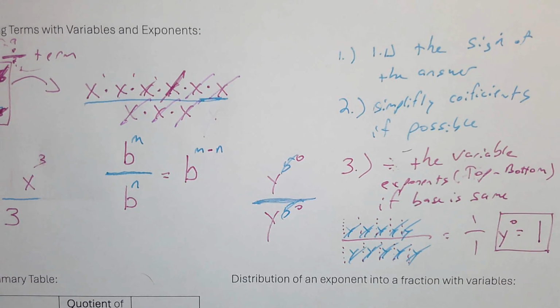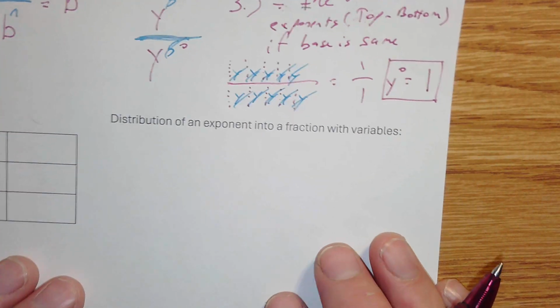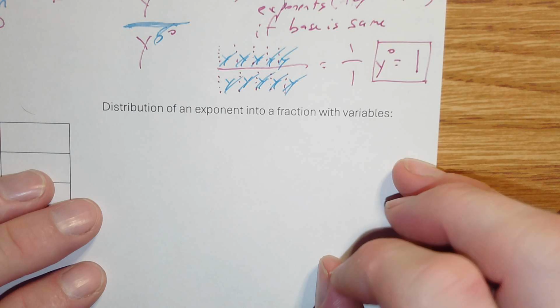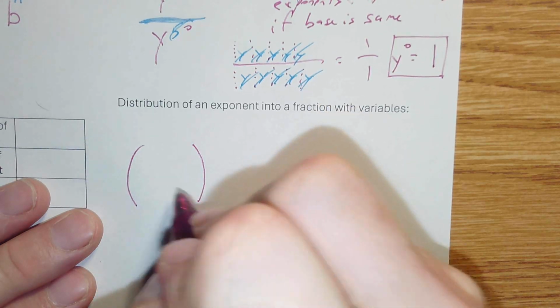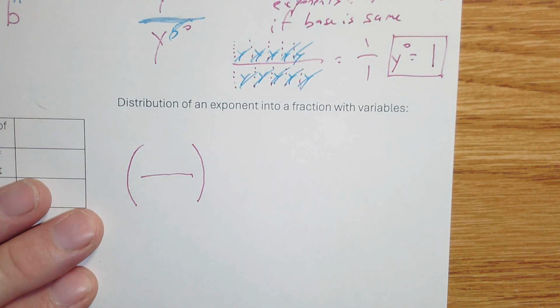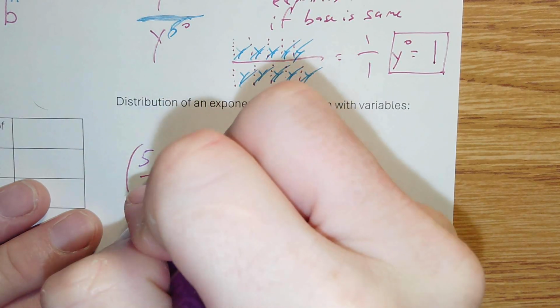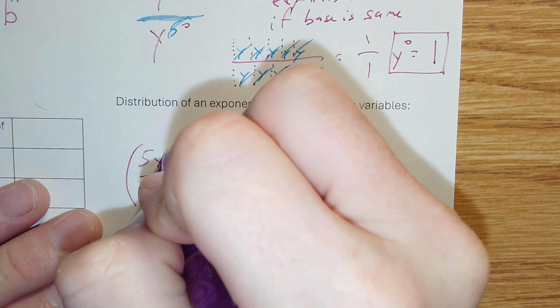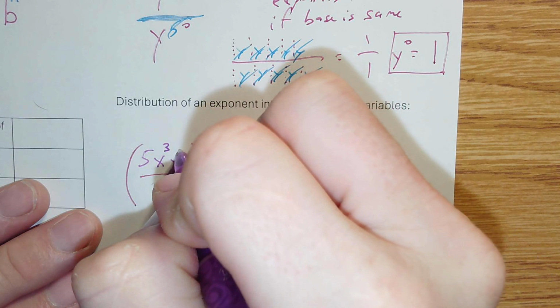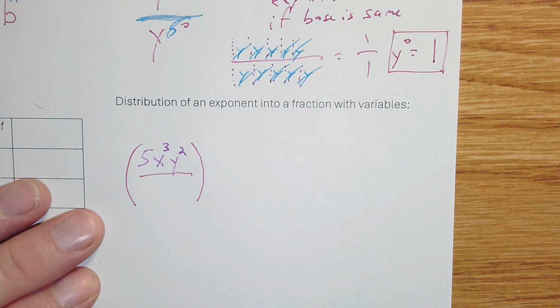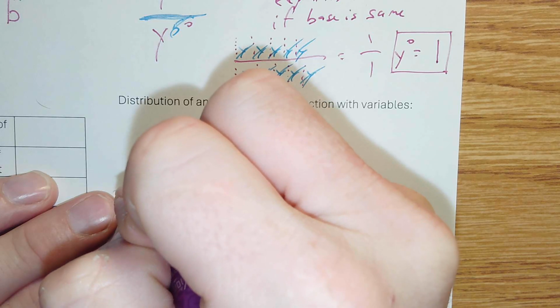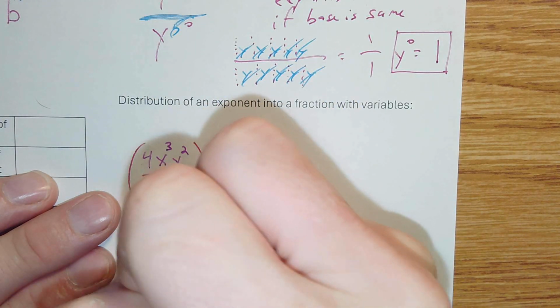Okay? And finally, last thing before we summarize, we're going to do distribution of exponents with variables. Okay, so say we have a fraction bar, and we have, we'll say, 5x to the 3rd y to the 2nd. Yeah, that works. And then we used 5 last time, so let's use a 4 and a 12. Yeah, I like that idea.